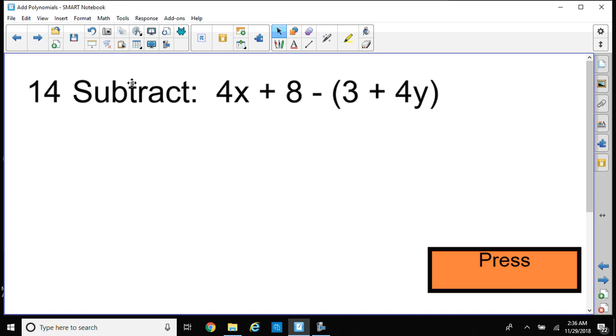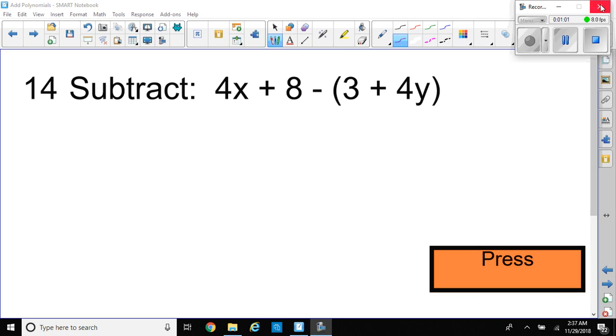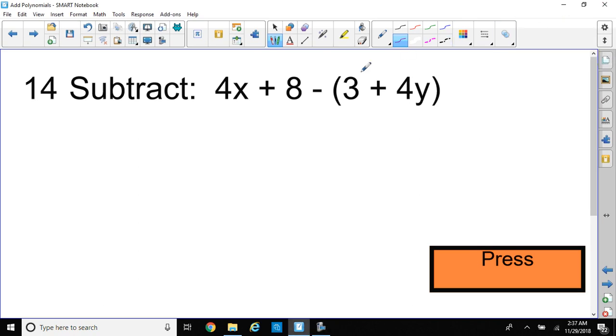So here's our first question. We have 4x plus 8 minus this polynomial in parenthesis, 3 plus 4y. All right, so let's get this going. Okay, got my pen. So we want to first change the minus sign to an addition sign, because there's no such thing as subtraction.